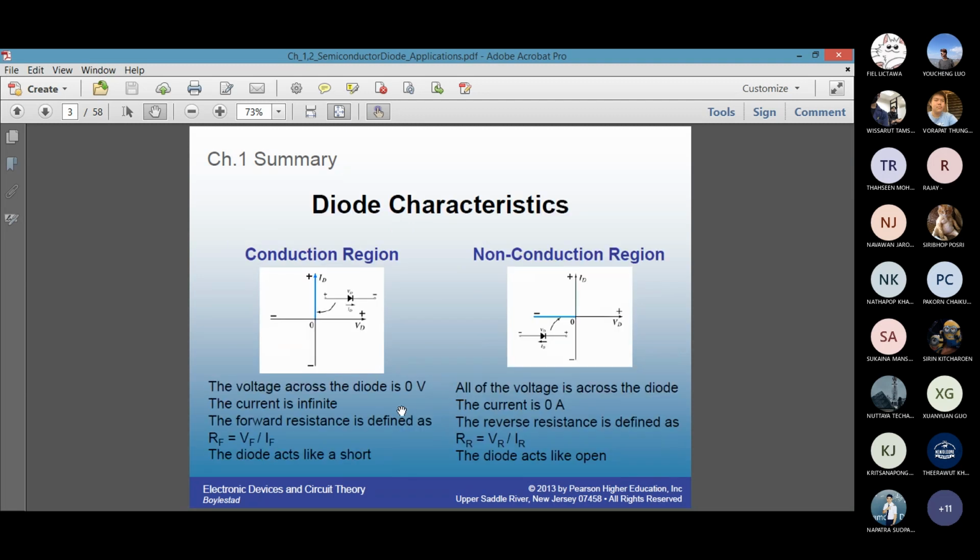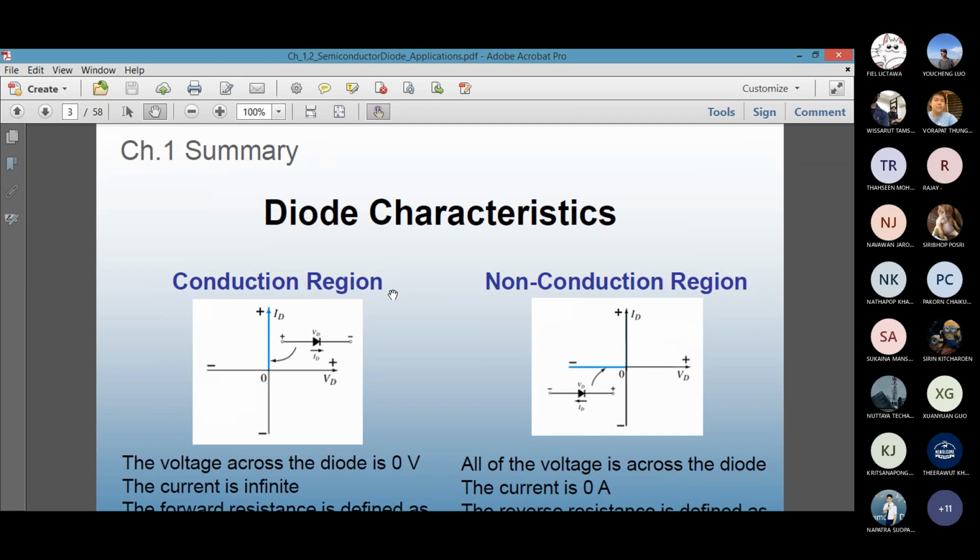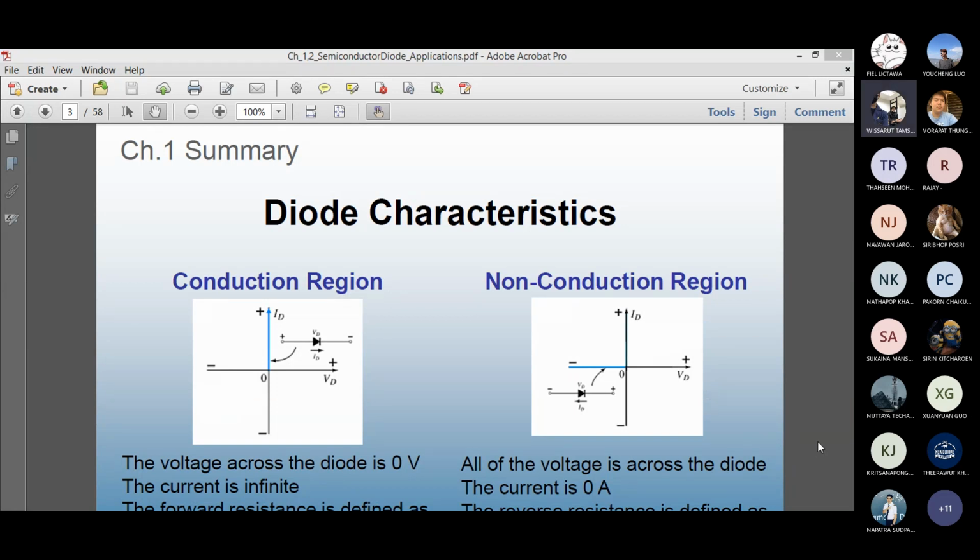So there are conduction regions and non-conduction regions of a diode. There are 3 types of diode biasing. What are those biases? Let me ask Napatra. What are the three different biases for the diode?